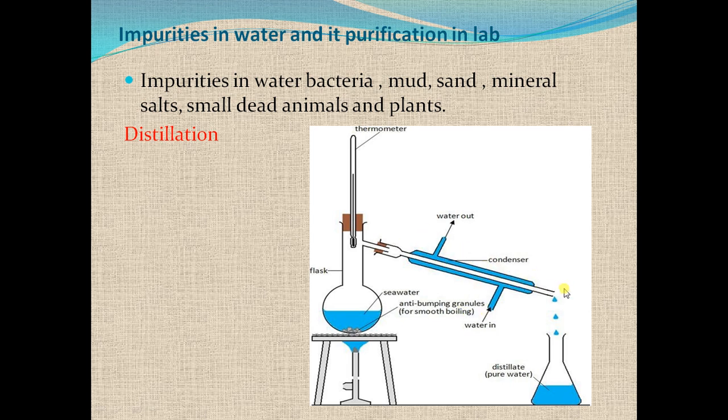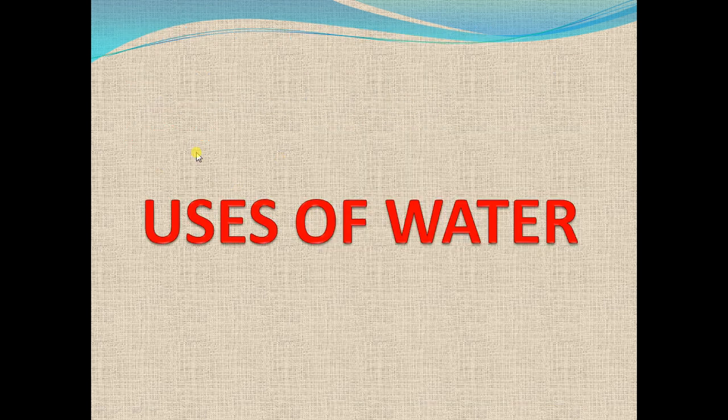These drops are collected slowly in a beaker or flask. The water in this flask will be pure, distilled water. This is a simple method and we use it in the laboratory. This method is called distillation.